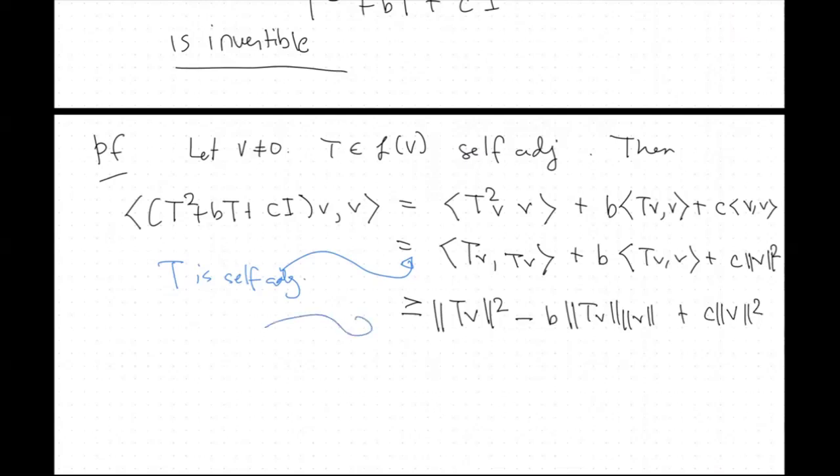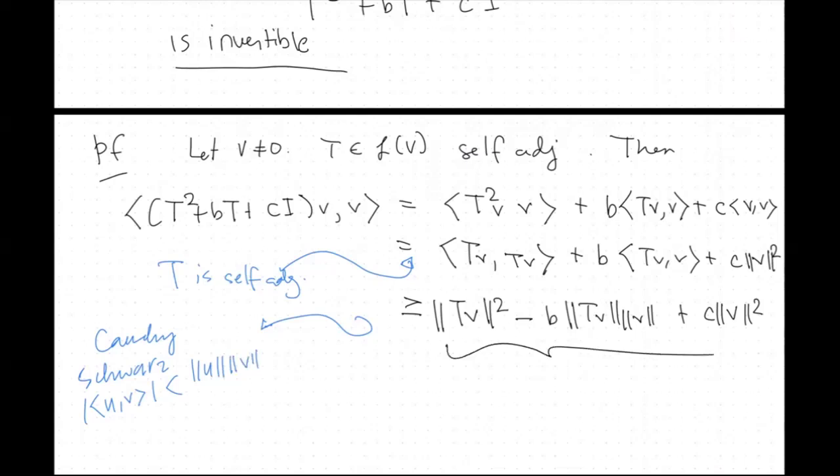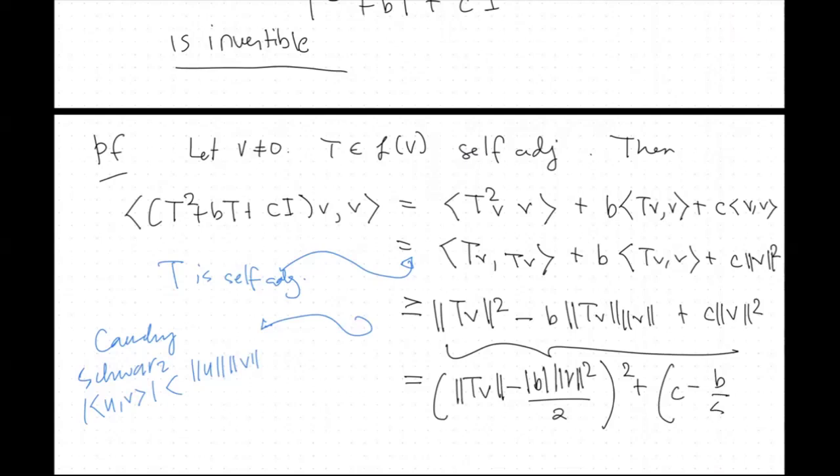So it's because of Cauchy-Schwarz, that is, the absolute value of the inner product of U and V is less than or equal to the norm of U times the norm of V. And then this is greater than or equal to the norm of TV minus the absolute value of B times the norm of V over 2, squared, plus C minus B squared over 4 times the norm of V squared.